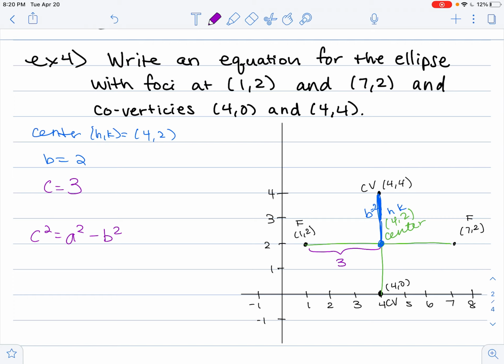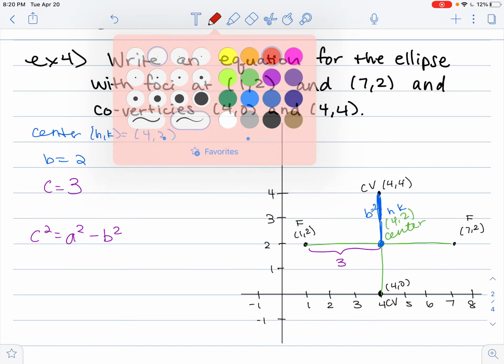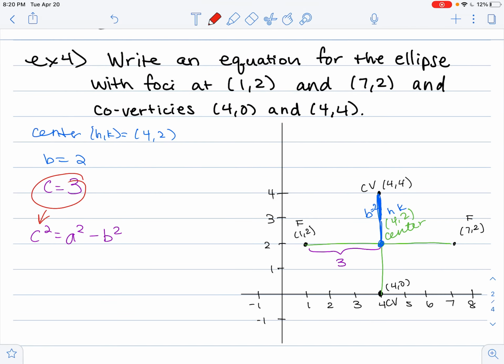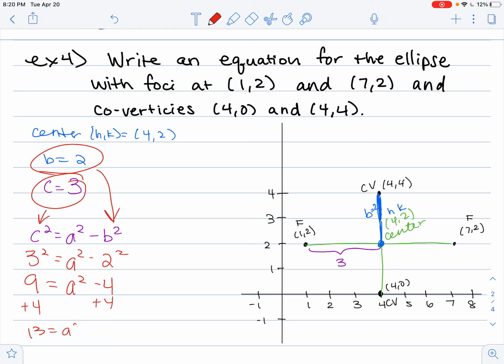So we can find A using this. So C is 3, A we don't know, that's what we're looking for, and B is 2. So we get 9 equals A squared minus 4. Add 4 to both sides, and I get 13. Take the root of both sides, and we get A equals the root of 13.